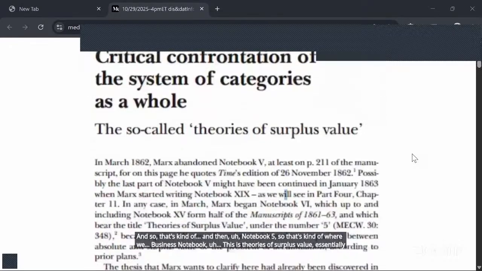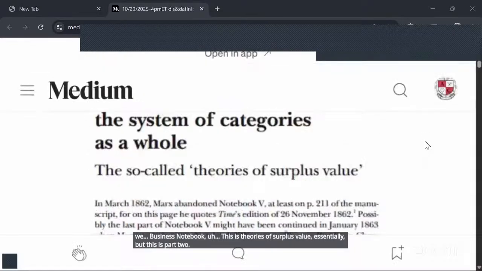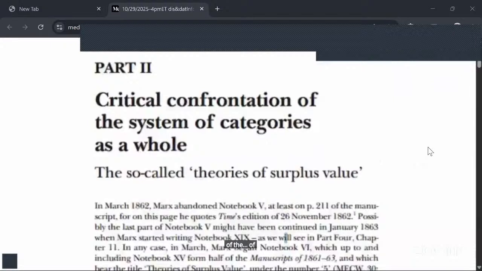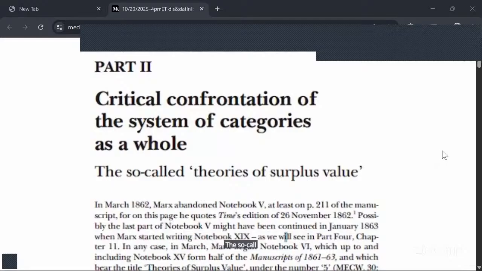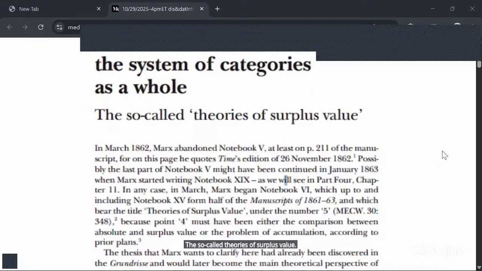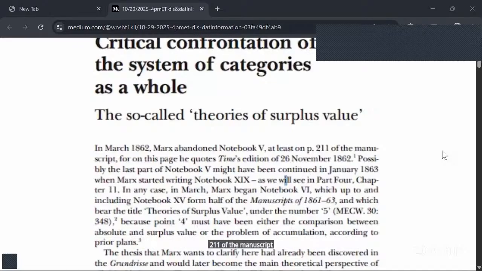But this is part 2 of Dussel's text, critical confrontation of the system of categories as a whole, the so-called theories of surplus value. In March 1862, Marx abandoned notebook 5, at least on page 211 of the manuscript. For on this page, he quotes the Times edition of 26 November 1862, footnote 1.